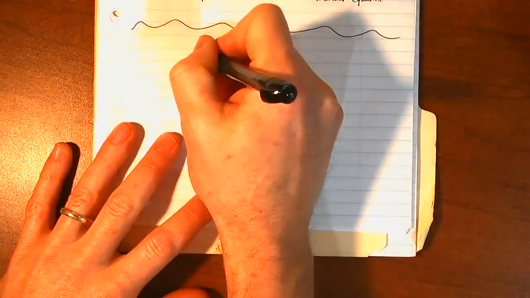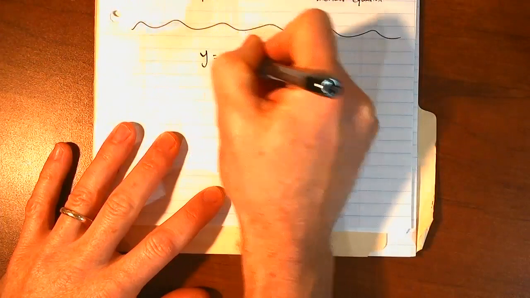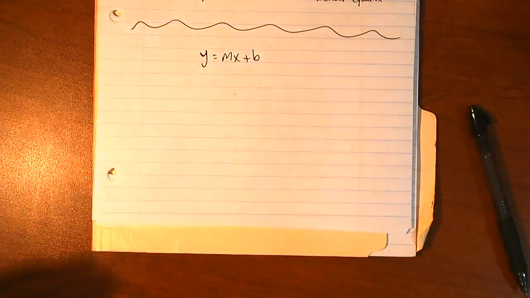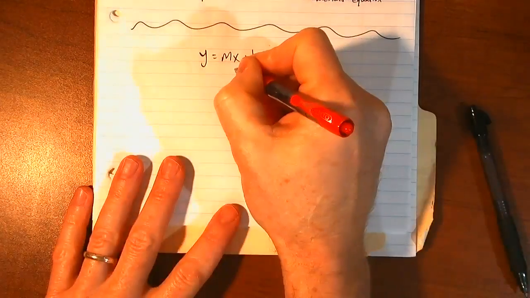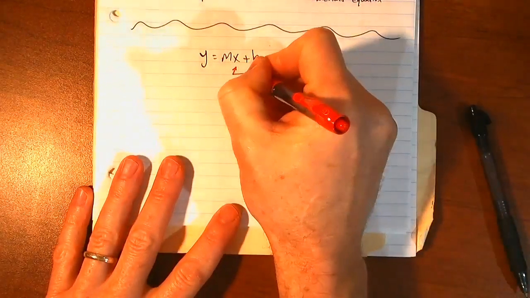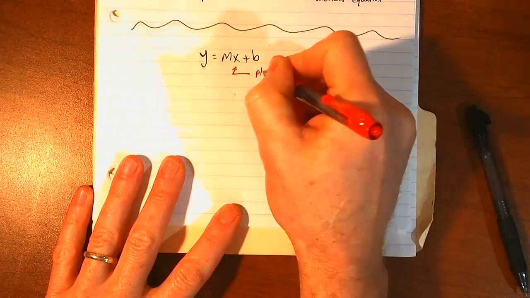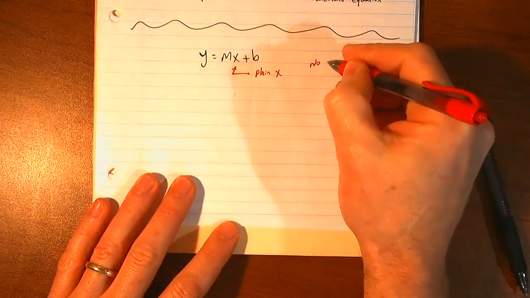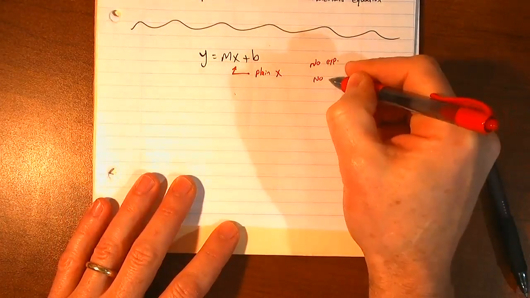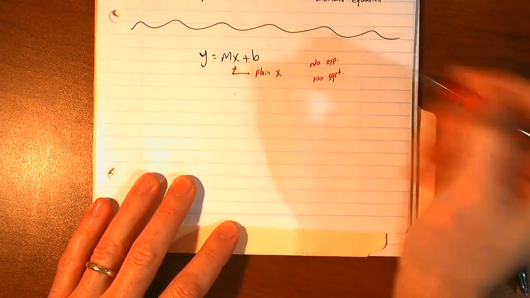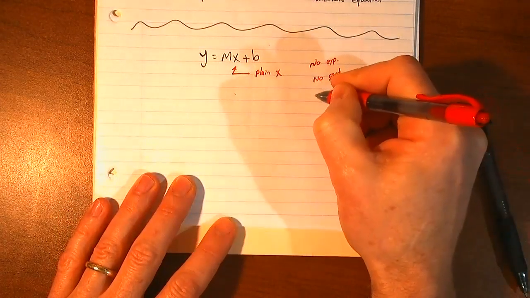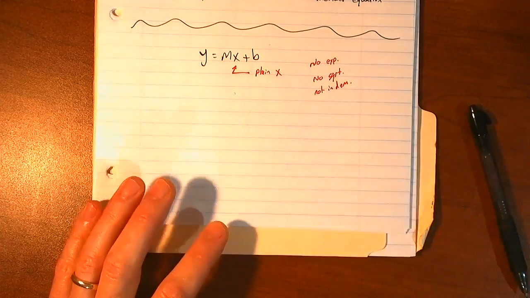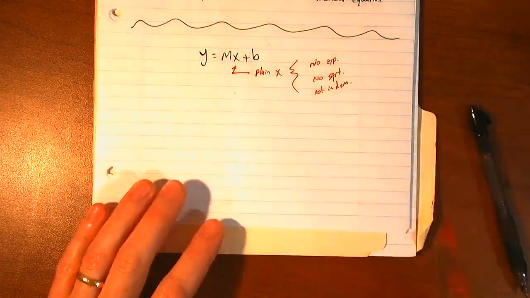But when we're looking at a linear equation, remember the key that we're looking for, the feature of the equation that guarantees it's going to be linear, is that we have a plain old x that doesn't have any exponents. It doesn't have any radicals or square roots or anything like that. It's not in a fraction, specifically not in the denominator of a fraction. It's just a plain old regular x, okay?